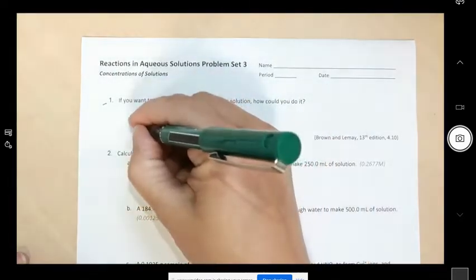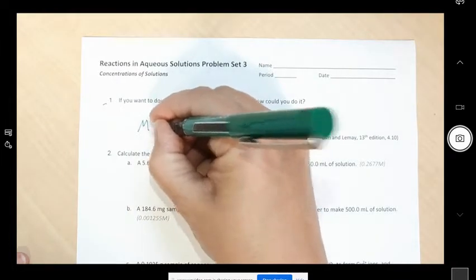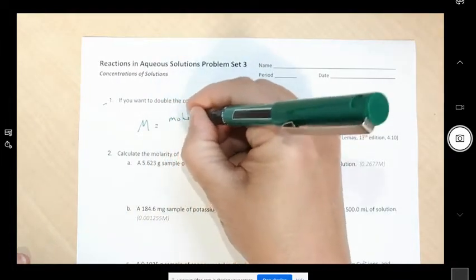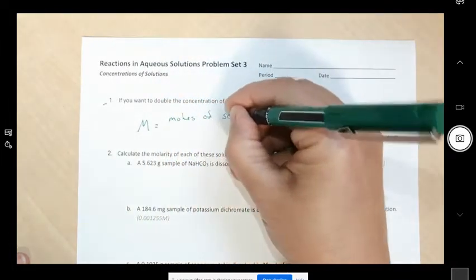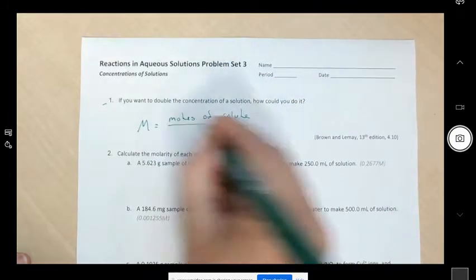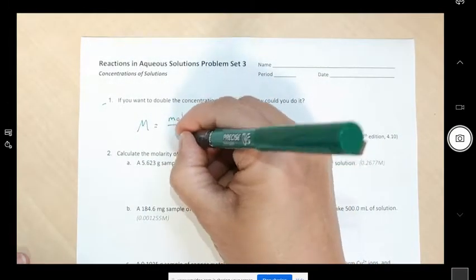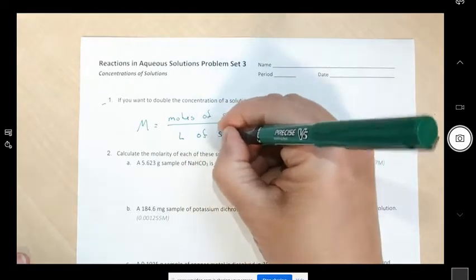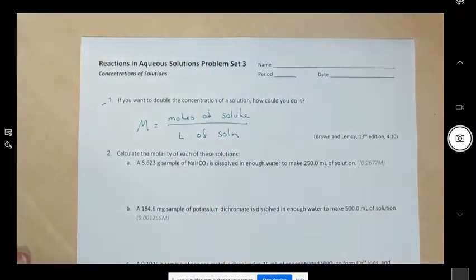Well, since the formula for molarity is equal to moles of solute over liters of solution, you could do this a couple ways.